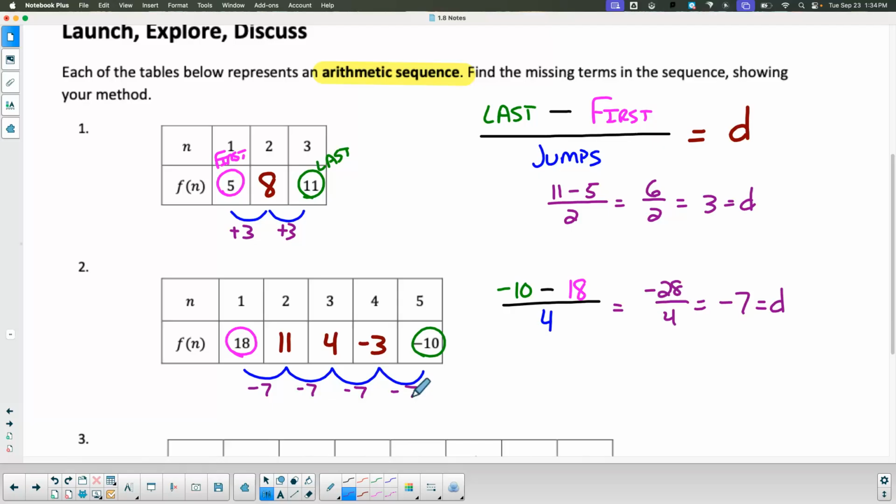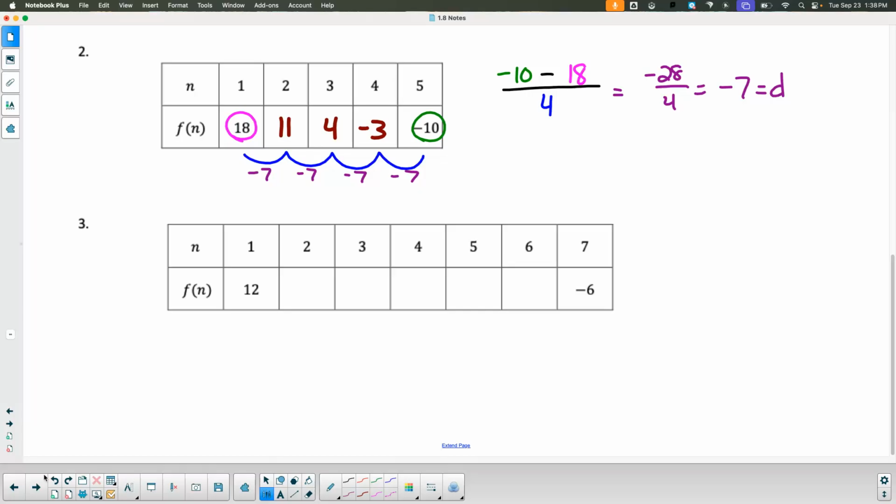Okay, what I want you to do now is number 3. We're going to skip number 4, number 5, number 6, and number 7. So we got negative 6 minus 12 all over 1, 2, 3, 4, 5, 6 jumps.